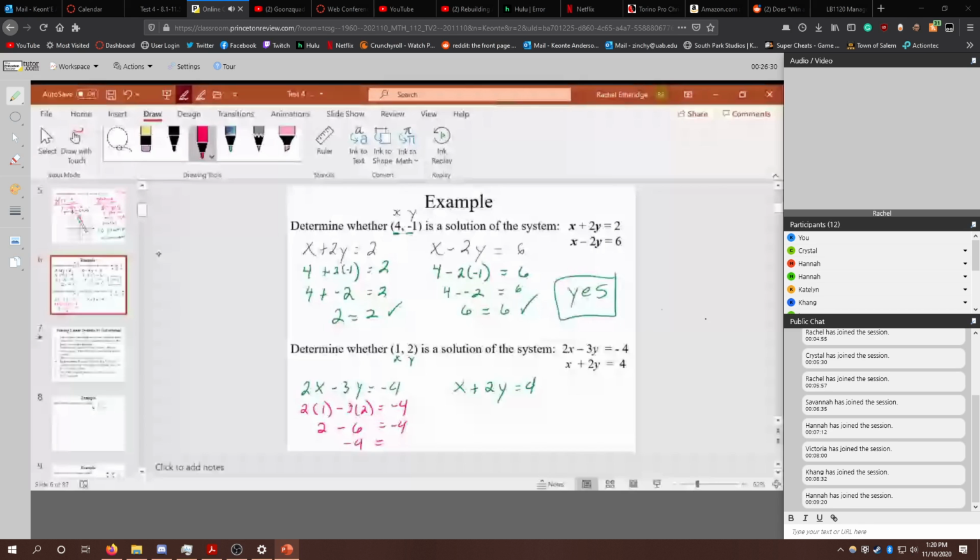So that one checks out. I'm going to go over to the other one and plug in a 1, see if I get 4. So 5 does not equal 4. So it is not a solution. So the answer is no, this is not a solution.